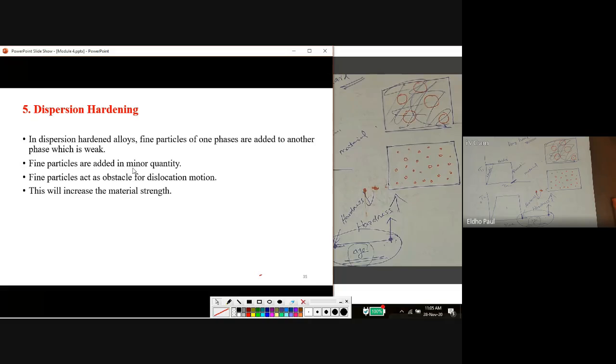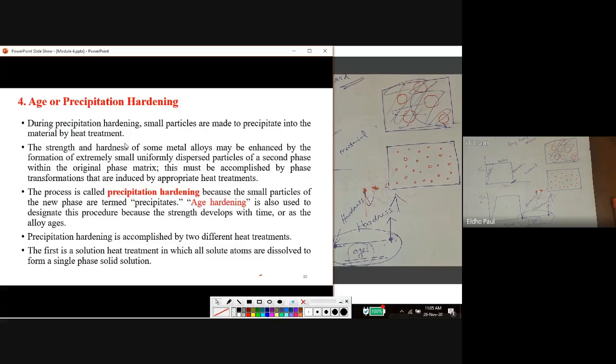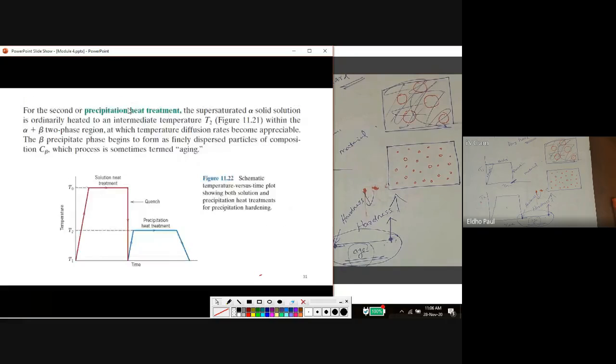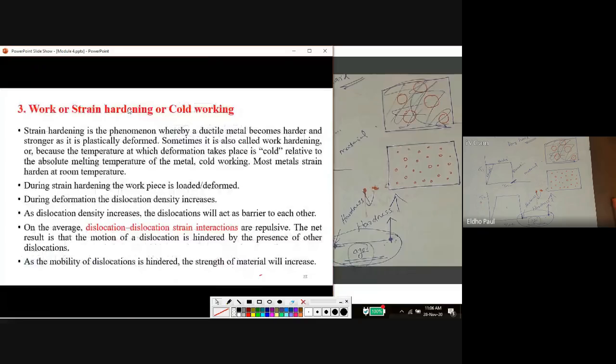Fine particles act as obstructions to dislocation motion. This will increase the material strength. Okay, so dispersion hardening is not commonly used. Precipitation hardening is very important. We use precipitation hardening in different materials to improve strength as well as hardness. Okay, so these are the 5 types of strengthening mechanisms.